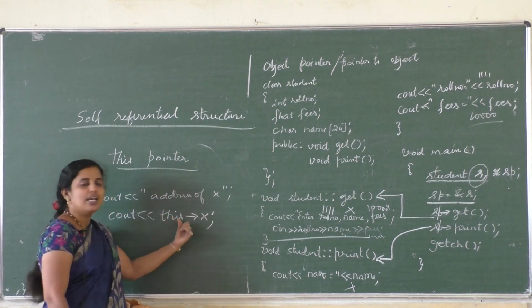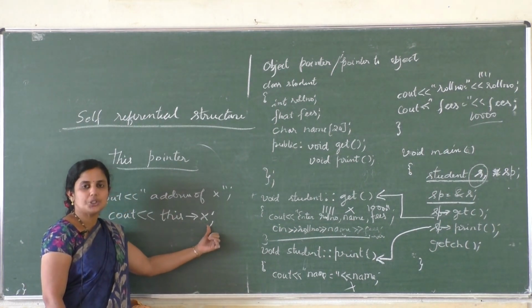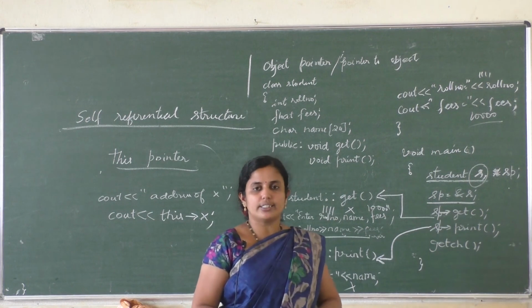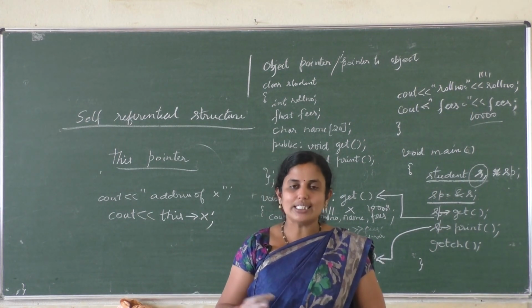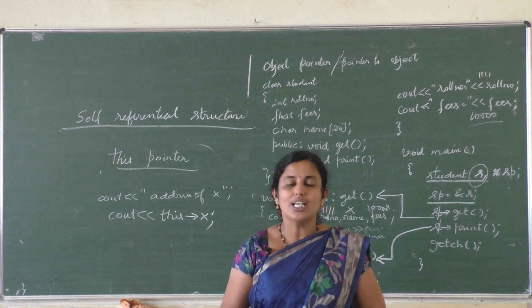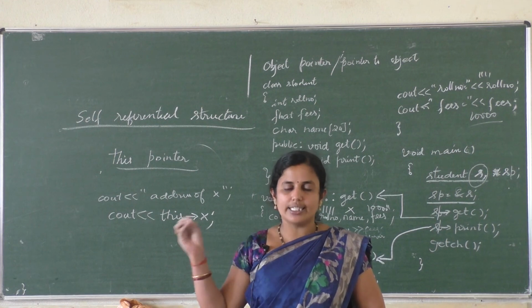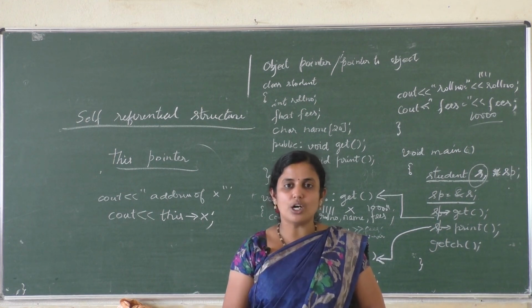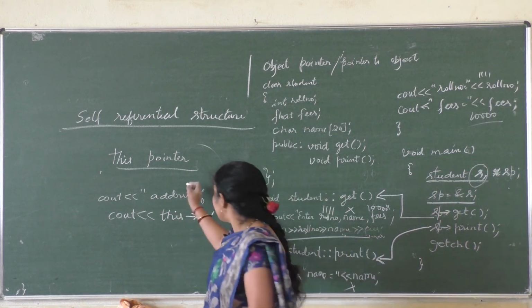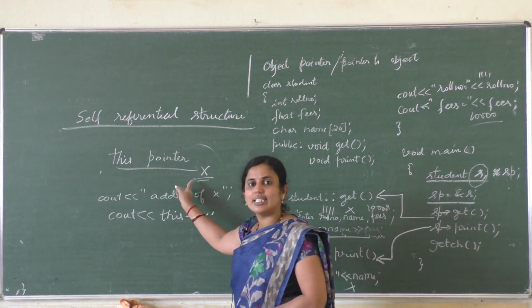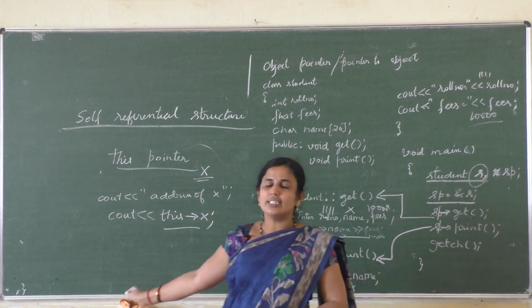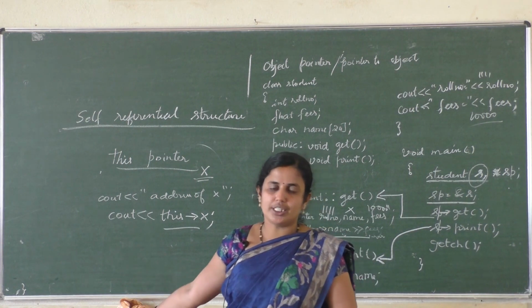This operator helps the object to access its own address. Is it clear? Here x can access its own address by using this arrow operator x. This is the end of this particular chapter.